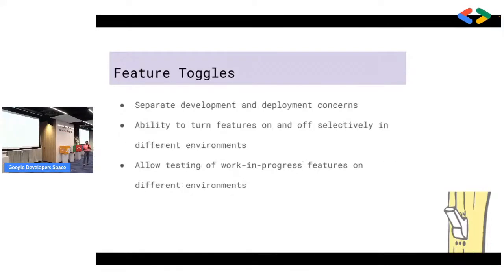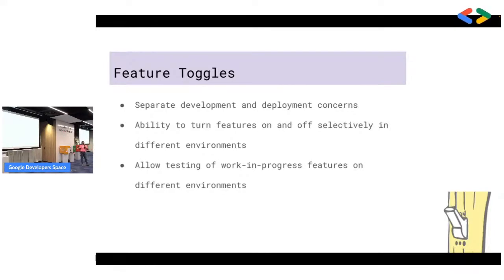So, for example, okay, first let me talk about this. What it does is it separates your development and your deployment concerns. So for example, in your development environment, everything's always on by default. Even if it's broken, even if it's work in progress, it's still there.